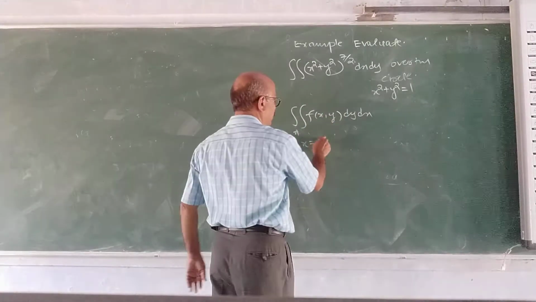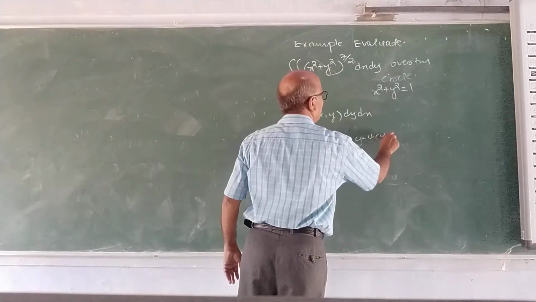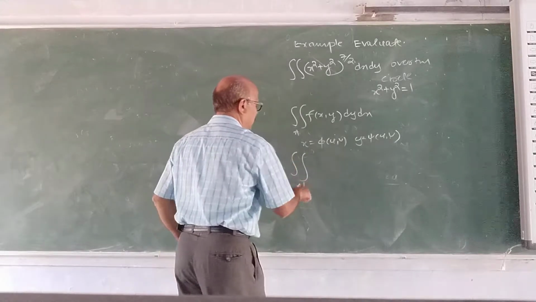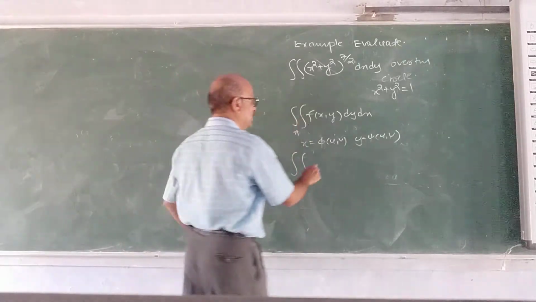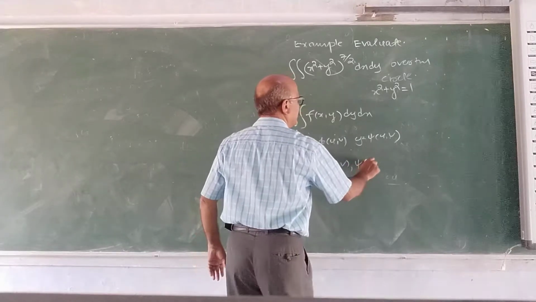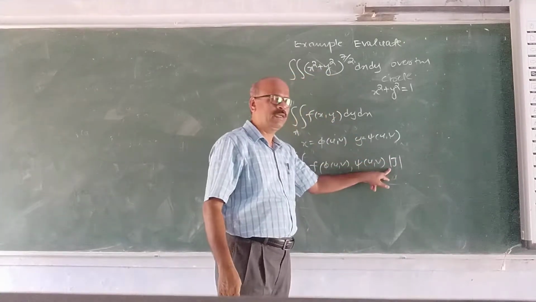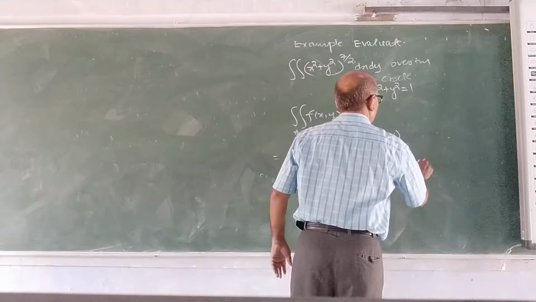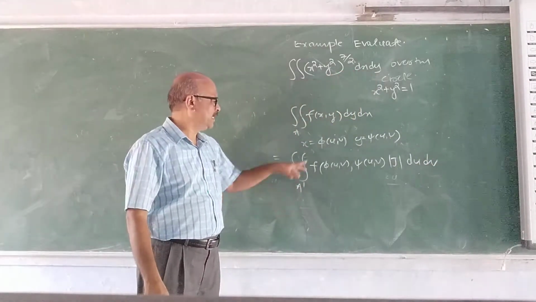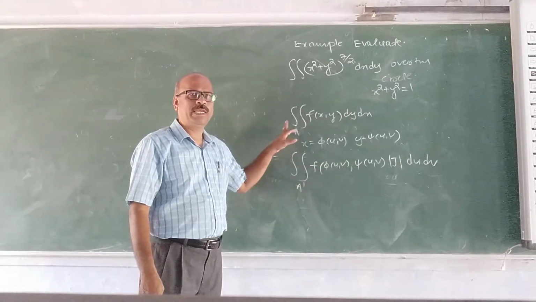The substitution is x = φ(u, v), y = ψ(u, v). Then the double integral over the region A is equal to the double integral over the region A' of f(φ(u, v), ψ(u, v)) times the absolute value of the Jacobian, du dv. What is A'? A' is the region in the uv plane corresponding to the region A of the xy plane.